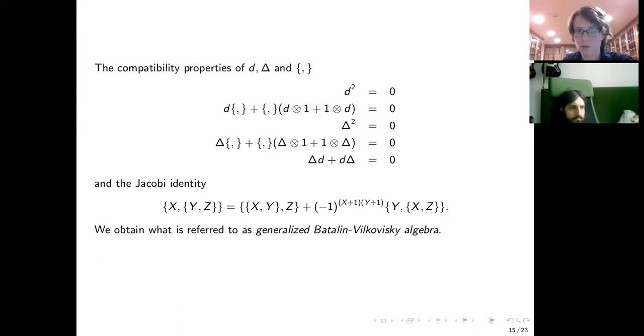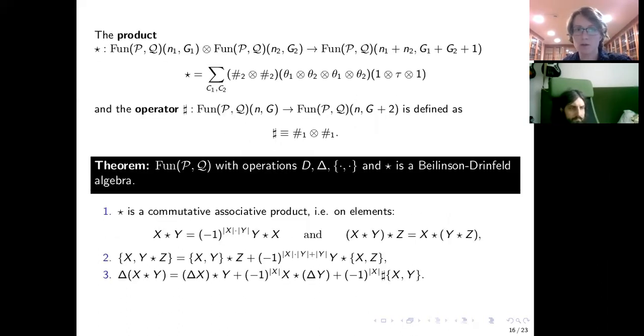And because we introduced this connected sum, we are now able to introduce also the product. So the product will be given on two components by this connected sum on two. The first one is from the operad P, and the second one is on the operad Q. So I need to have a connected sum on both operads.